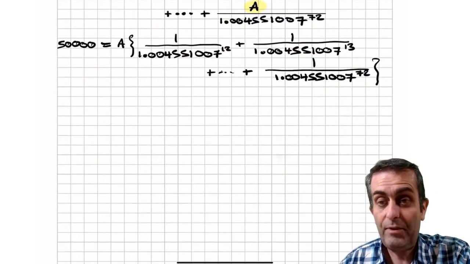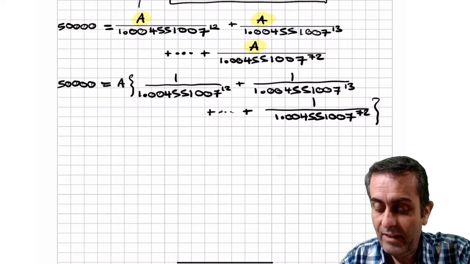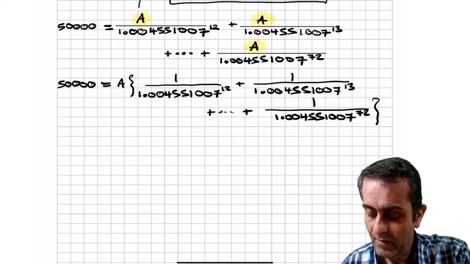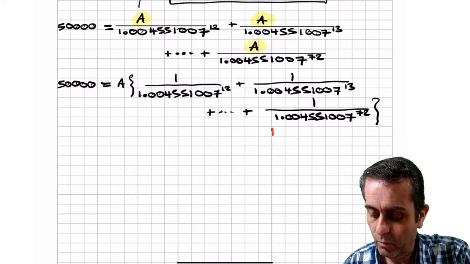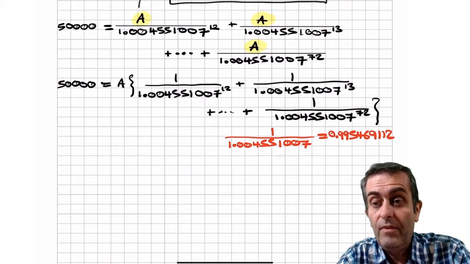Now, just as in the last question, I'm not really too fond of fractions. So the next thing I'm going to do to make my life a little bit easier, let's go red, is I'm going to work out what 1 divided by 1.004551007 is equal to, and that's going to be 0.995469112.